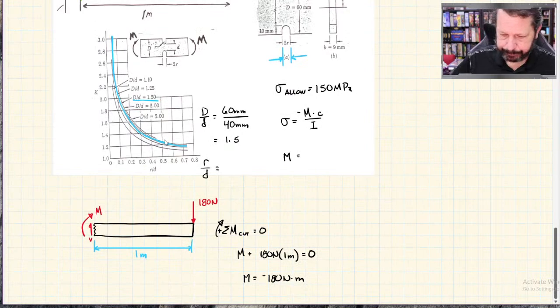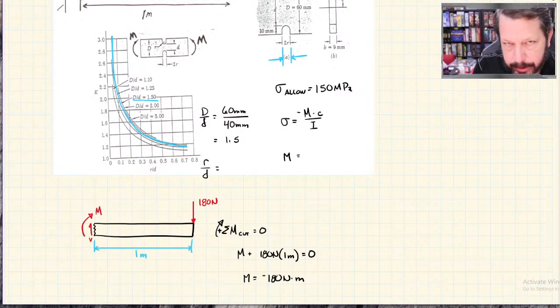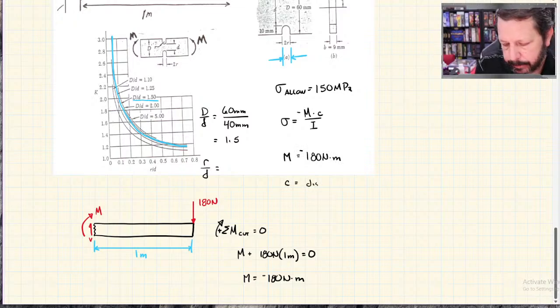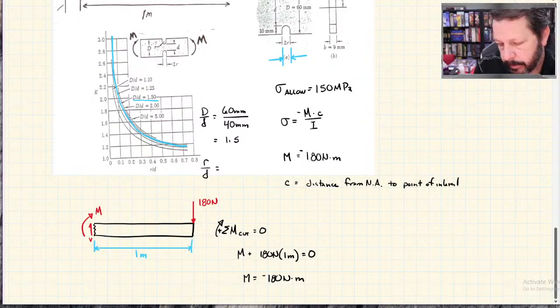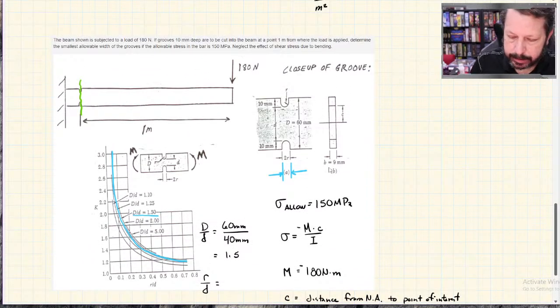So we have M. C. Remember, you have to go back to your flexural stress equation. C is the distance from the neutral axis to the point of interest. They actually even show us a picture right here.